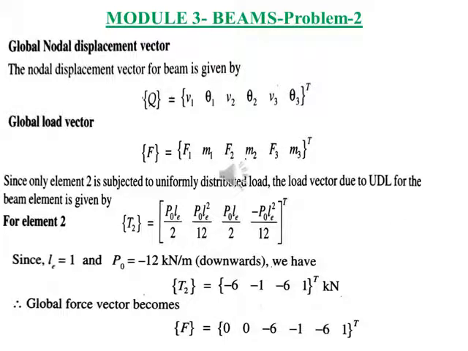So in the next step, the global nodal displacement vector Q is equal to mu1 theta 1, mu2 theta 2, mu3 theta 3, and F is equal to F1 M1, F2 M2, F3 M3.